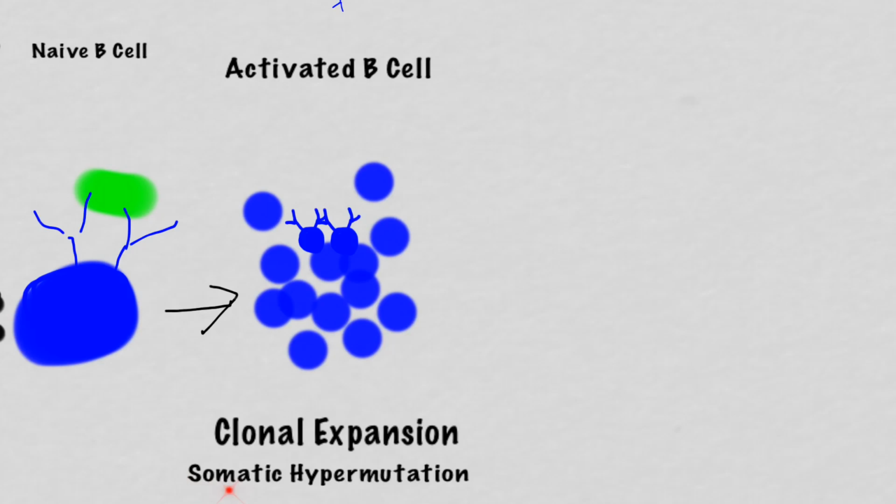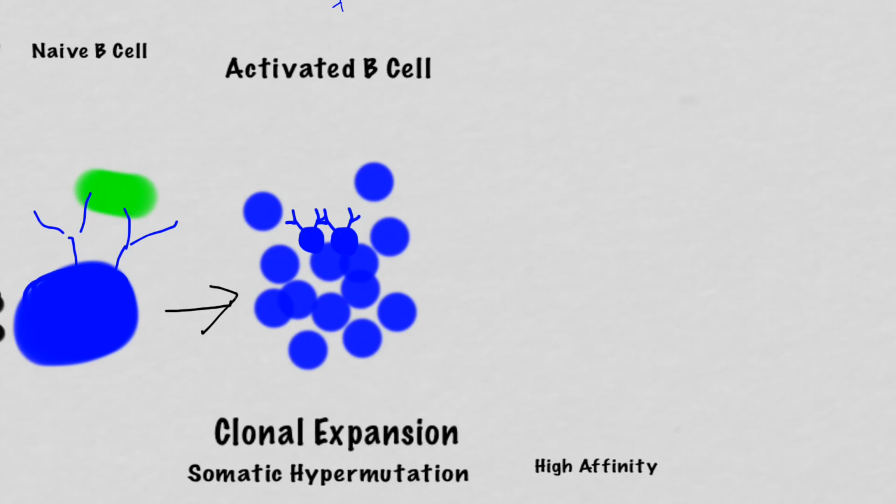Now, this is the one part that it's okay to have mutations in, because it just ups the variability of antigen receptors that could potentially be positive for different antigens. And occasionally, we'll make antigen receptors through this process of somatic hypermutation that have a higher affinity for the antigen than the original mother cell had.